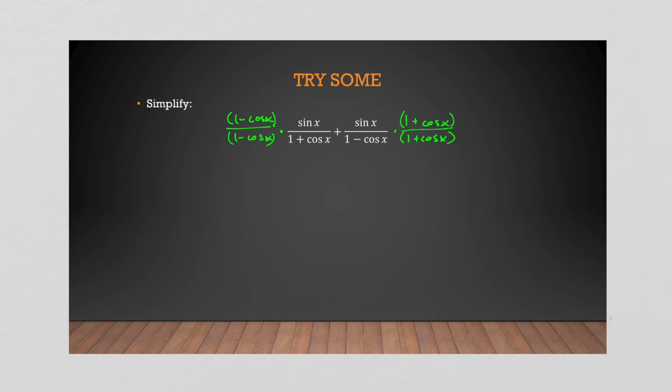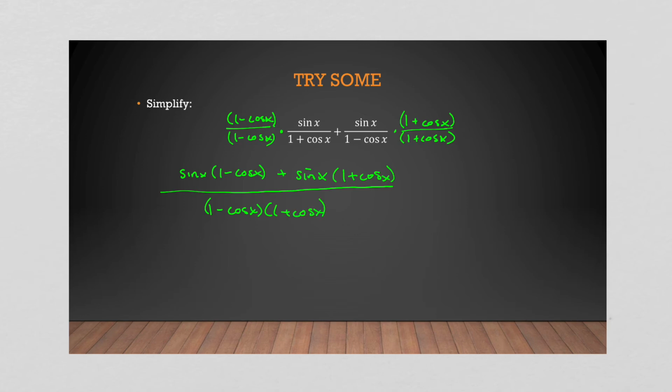So now top left, we're going to have sine x times 1 minus cos x, and then plus sine x times 1 plus cos x. And on the bottom, we're going to have 1 minus cos x times 1 plus cos x.